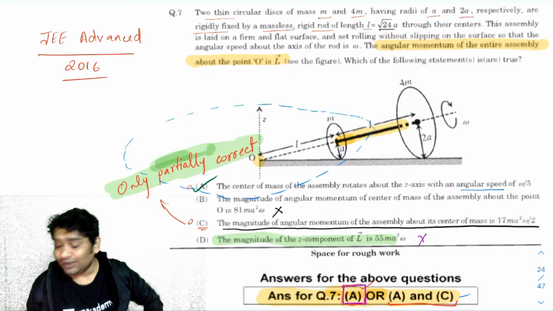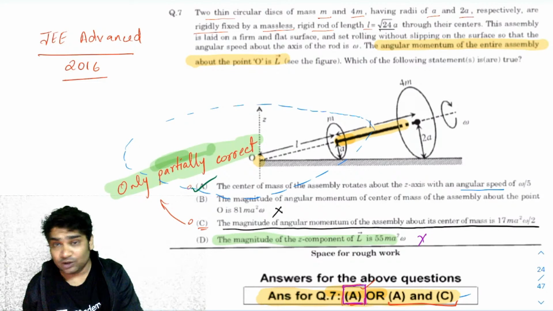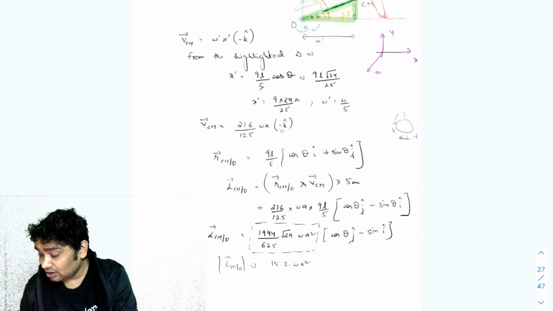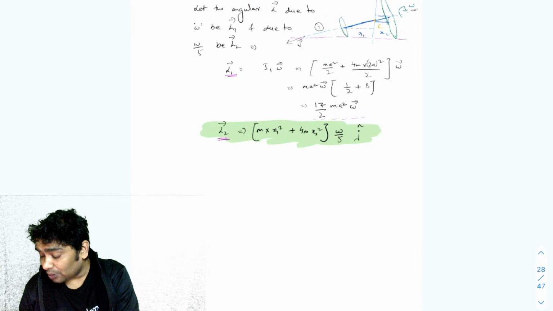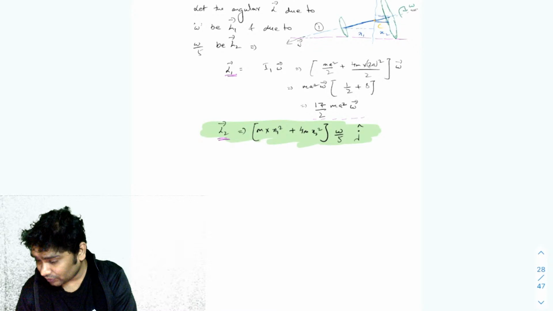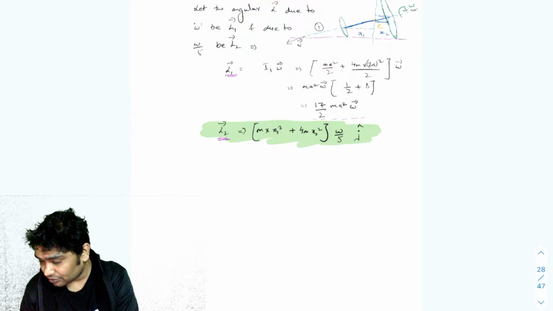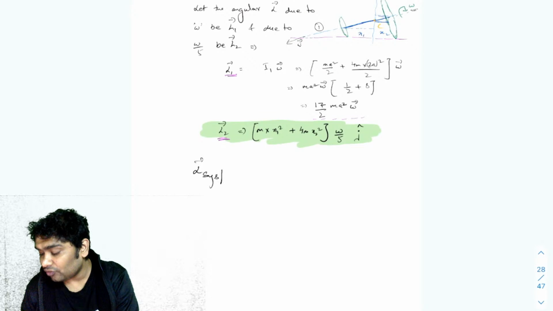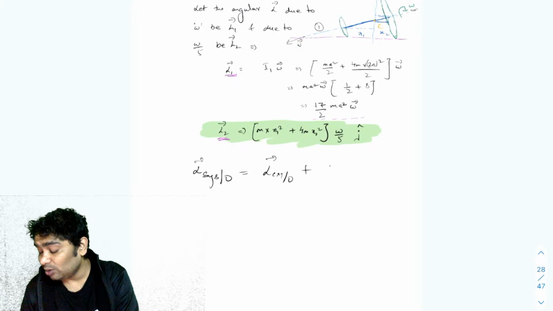And how do you calculate this, by the way? Let me just quickly tell you how you would have calculated this. For option D, you will realize that you need the angular momentum of the entire assembly about O. So how do you calculate that? You should know that the angular momentum of any system about O is equal to the angular momentum of CM about O plus the angular momentum of the system about CM.